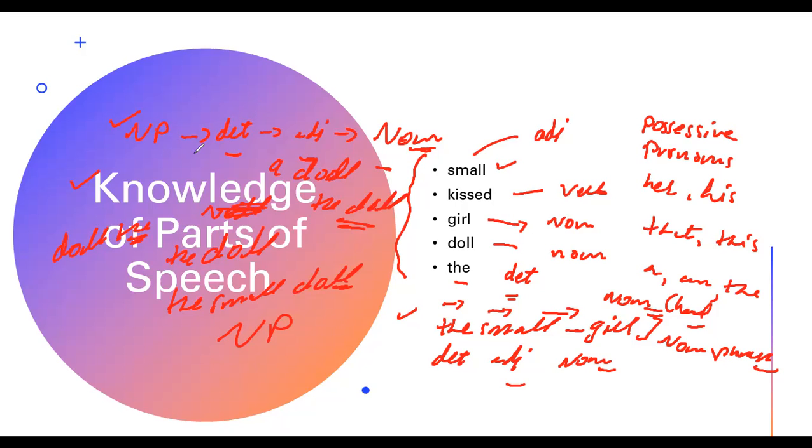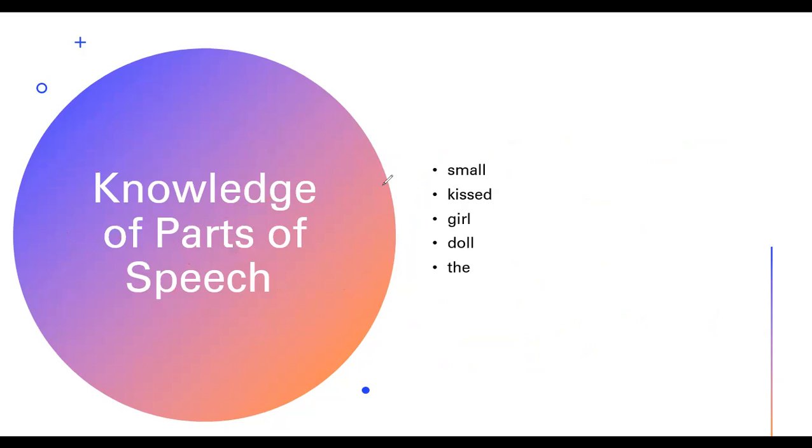All right. So let me clear all of this now. Let me clear and then I'll explain it to you. Now, if I have to combine this sentence, and if I learned that this is adjective, this is a noun, this is a noun, this is determiner, we can put all of them in one order.